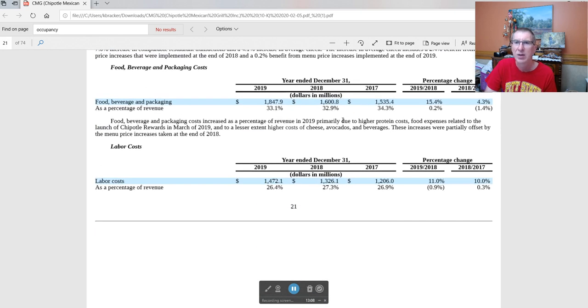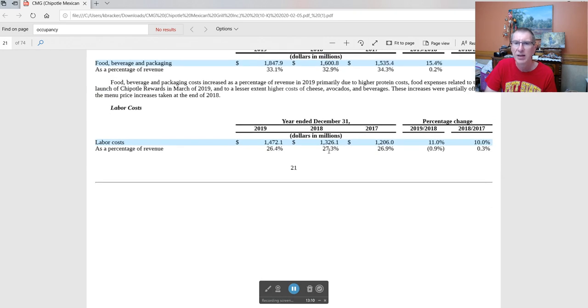And then you can see some of their individual component costs, labor costs. Now this is one of the things that might be a little bit surprising if you look at labor costs. In 2017, they were 26.9% of sales. 2018, 27.3%. 2019, 26.4%.